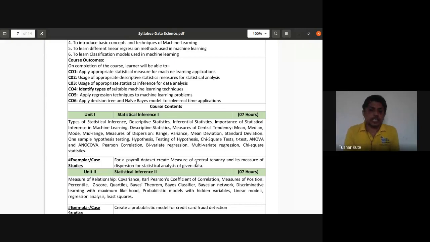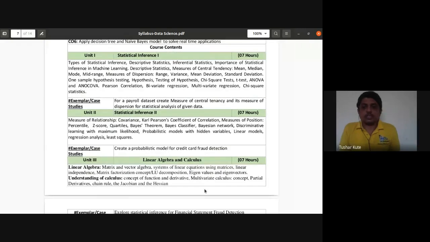You see the contents. The first unit is based on statistical inference. Somewhat basic statistical inference that we require, like descriptive statistics and inferential statistics, as well as measures of central tendency, then measures of dispersion, then different hypothesis tests.